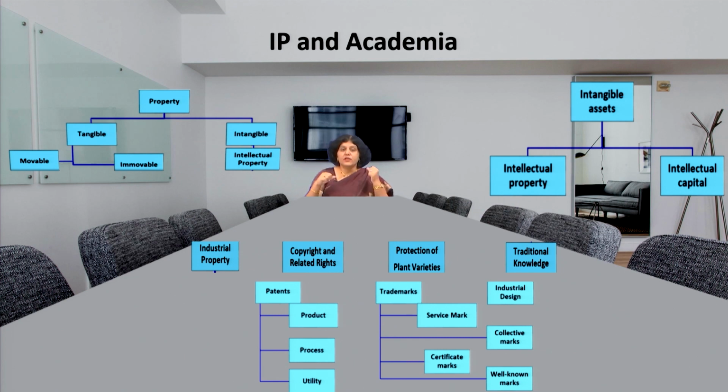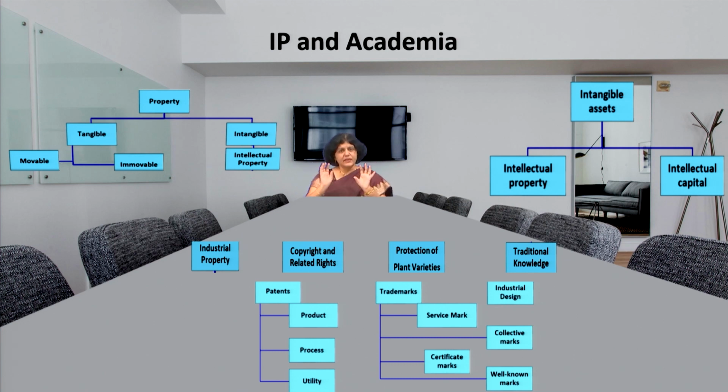Then what else is there? Geographical indication, which we just saw, then the trade secret, and the Semiconductor Integrated Circuit Layout Design Act. So these are the 8 types of IP, and when we talk about intellectual property management, we are talking about these 8 types. We are not considering traditional knowledge in intellectual property, it's very clear.